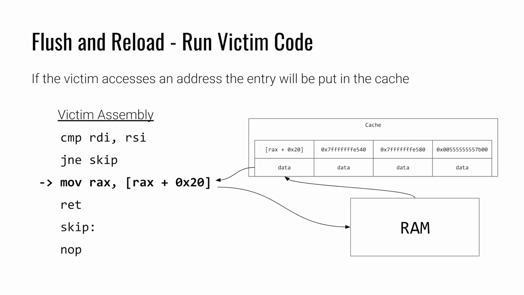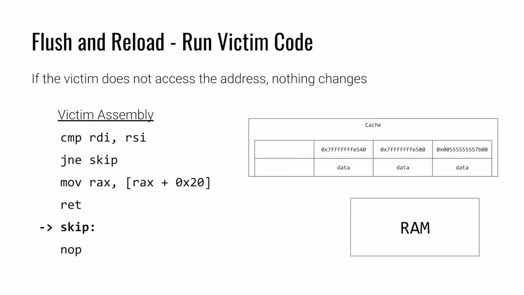It's going to put the value in the cache before it comes back into the CPU to get into RAX. That could happen. But what happens if the victim does not access this address? If the branch goes the other way, and this comparison is not equal, then we're going to jump to this skip label. And if we jump to skip, the cache didn't change.